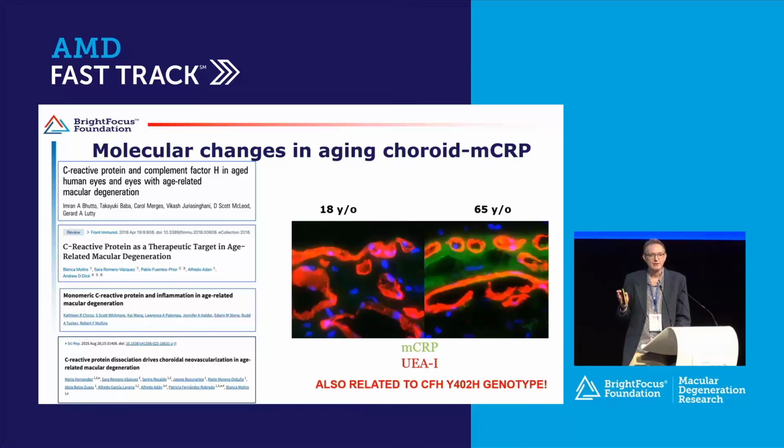You may know that the Y402H polymorphism in the complement factor H gene is in a CRP and glycosaminoglycan binding domain. If you've got that variant, you get more CRP in the choroid. What's it doing exactly? Probably something interesting. And there's a recent paper by the Mullins group, no relation, studying C-reactive protein and driving neovascularization in animal models.